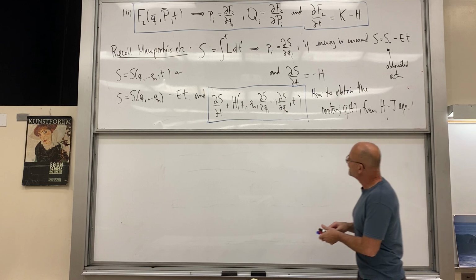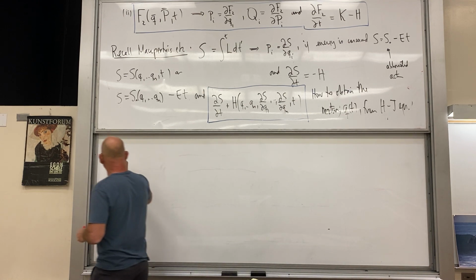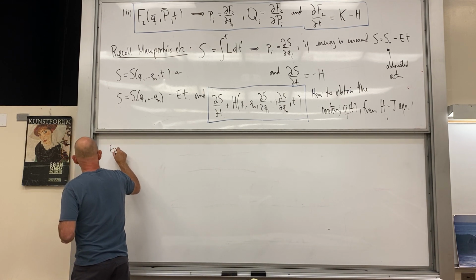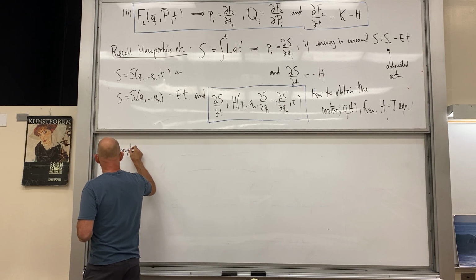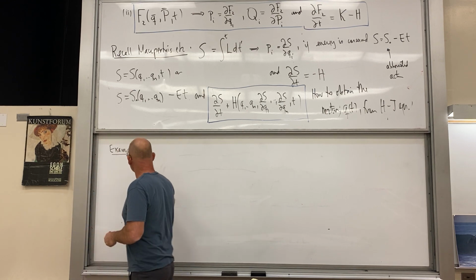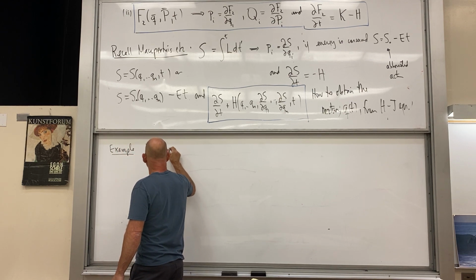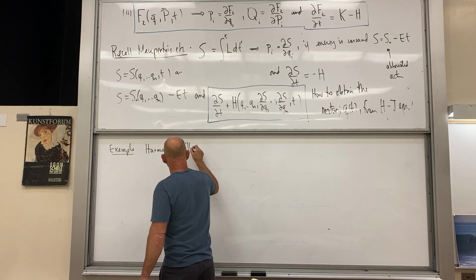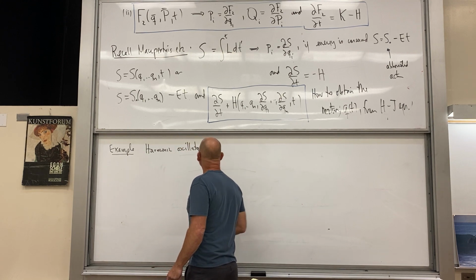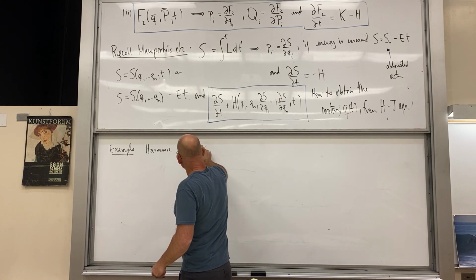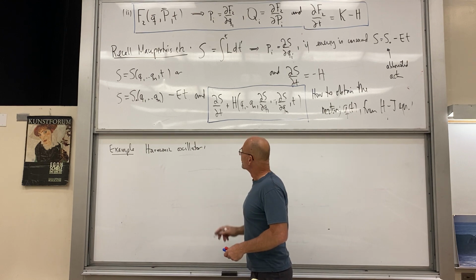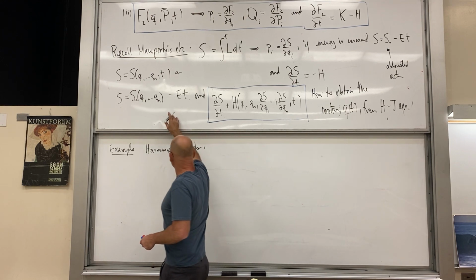And just to remind us, for example, and we'll either solve this now or next time, the harmonic oscillator, for starters. For the harmonic oscillator, we know energy's conserved, so we're going to make use of this relation right here.